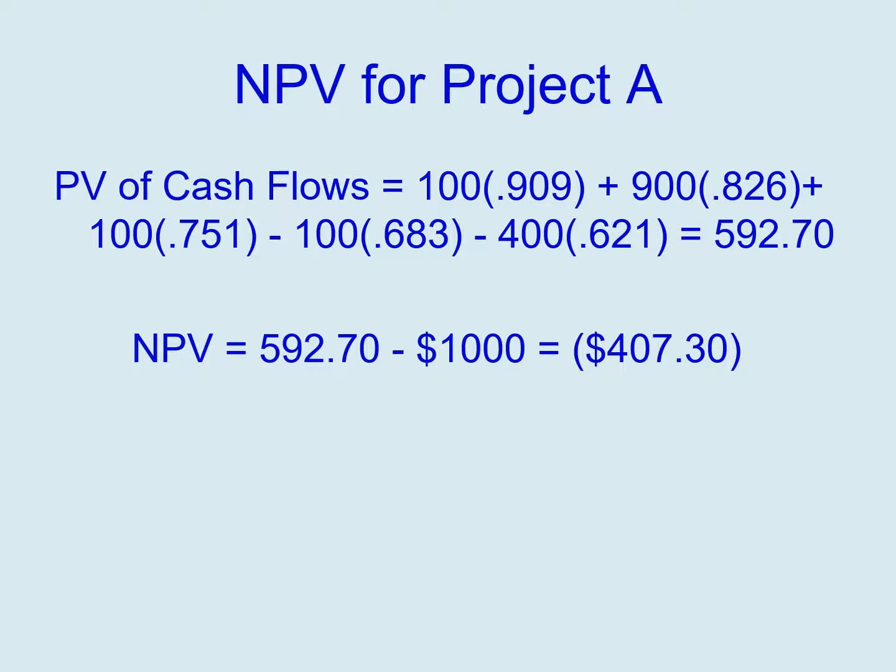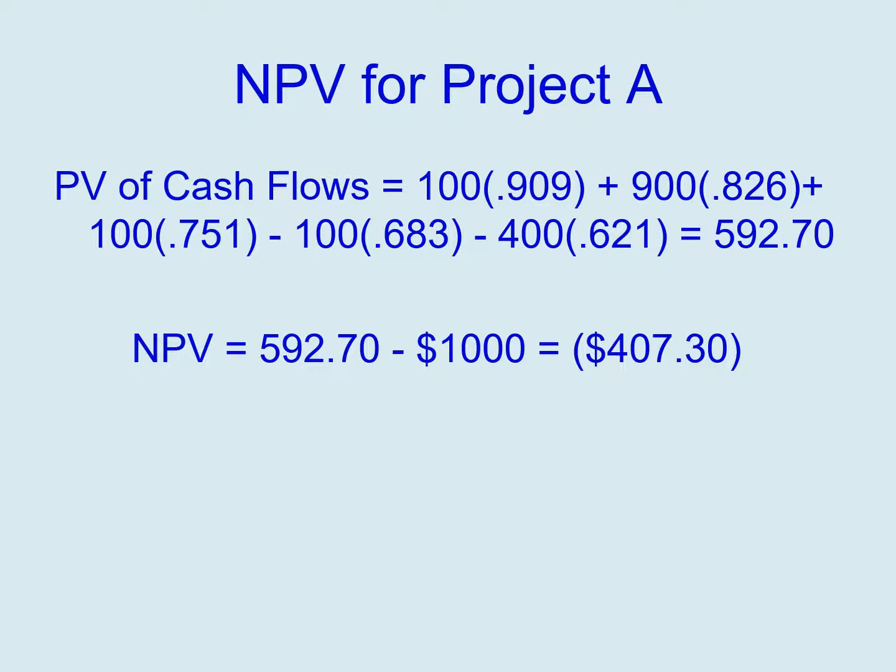With net present value, you can carry the positive or the negative cash flow. So it's a negative cash flow of $100 with a present value interest factor of 0.683, and then another negative cash flow in year 5 with the present value interest factor of 0.621. So when you sum up the present value of all the cash flows you expect to receive from the project, it comes out to $592.70.